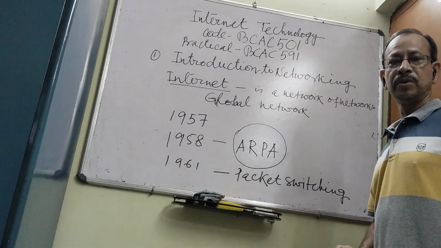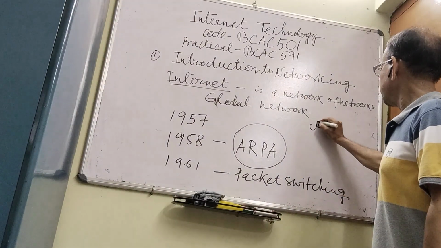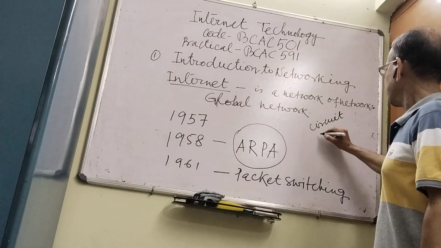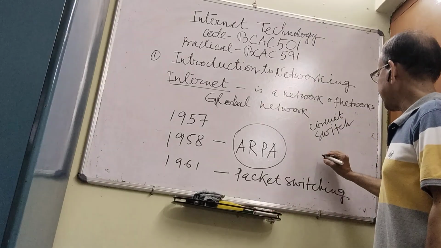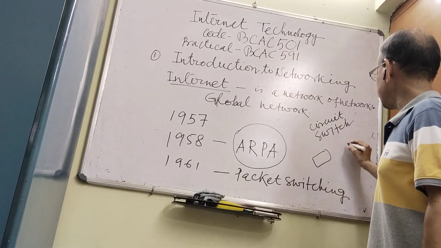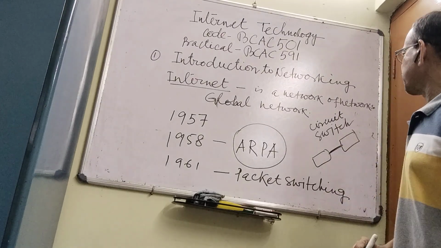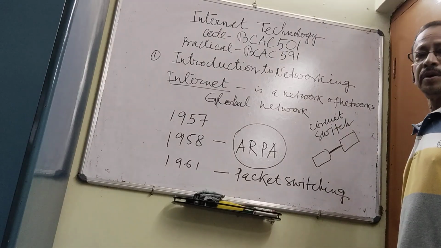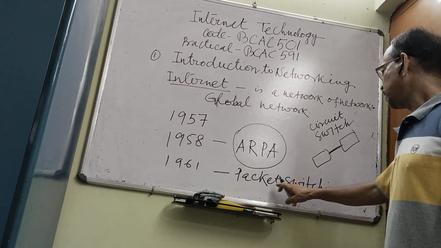Before this, there was a direct connection in circuit switching. For example, with a telephone there is a direct connection. But the new invention is packet switching.